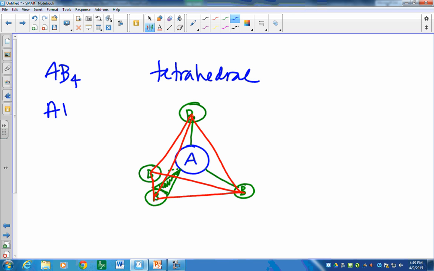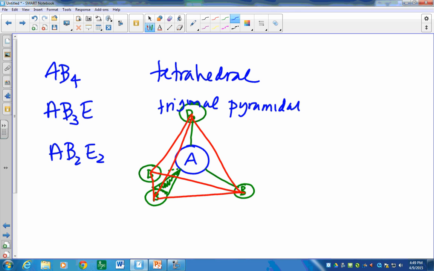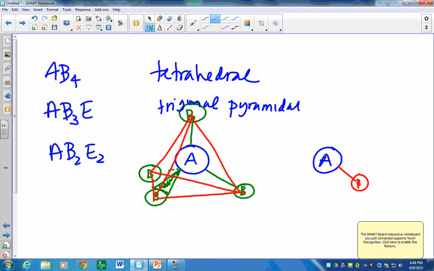AB3E and AB2E2 are all the same family. AB3E is called trigonal pyramidal, because when you have the A and you take off that top B, so we have this B coming here, and this is wedging out towards us, and this B is going back.